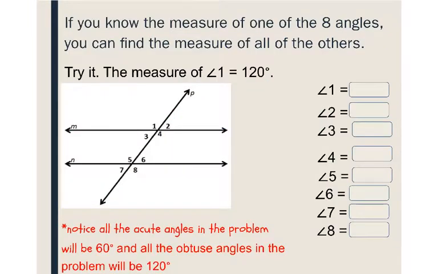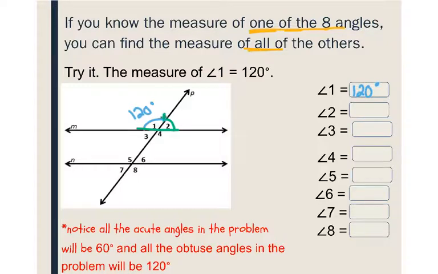So let's practice and see what we learned. If we know the measure of one angle, we can find all others based on the relationships of angles we just talked about. So the measure of angle 1 is 120 degrees. There are multiple ways to do this. I'm going to do several along the course of these two examples to get you used to seeing them. So angle 1, well, if I just want to go right to angle 2, well, angle 1 and angle 2 form a straight line.